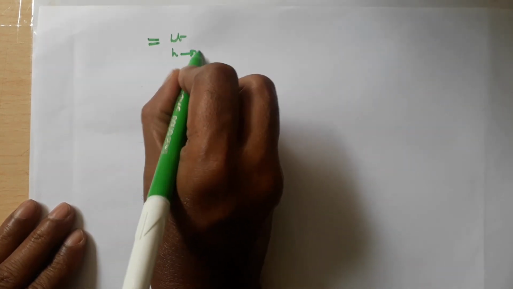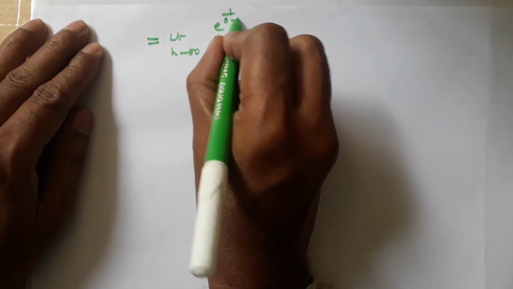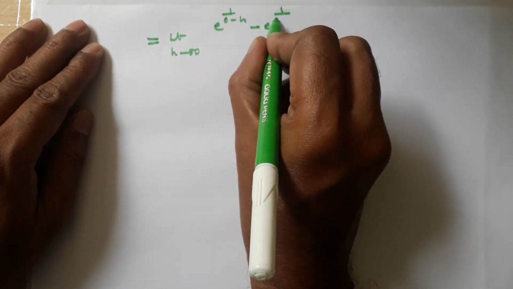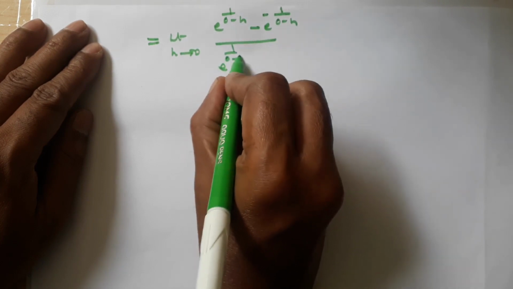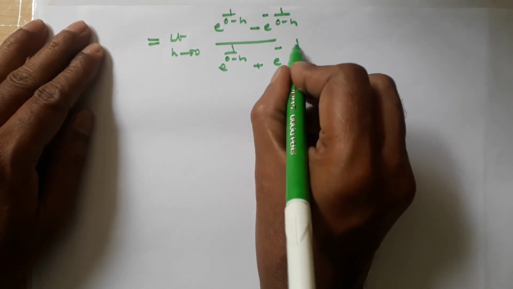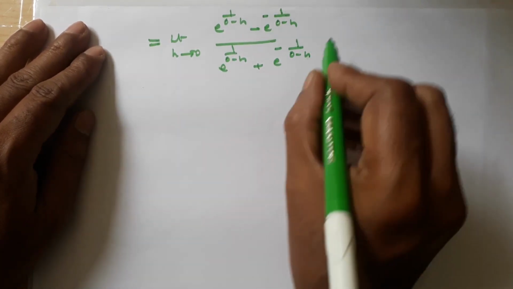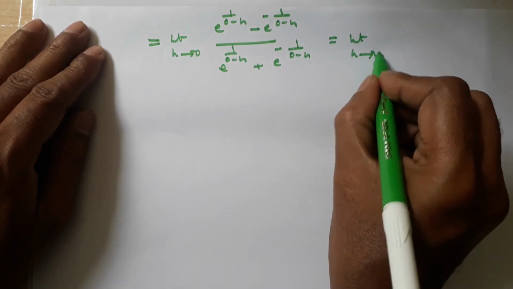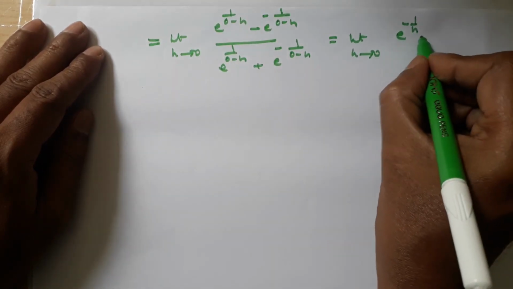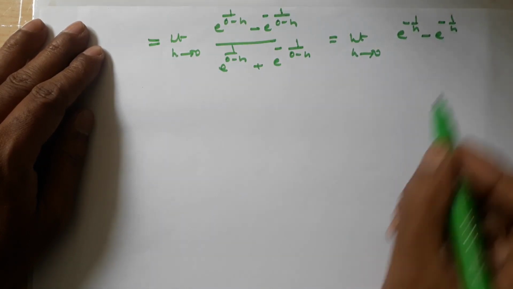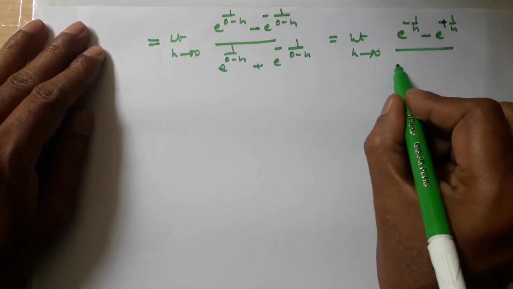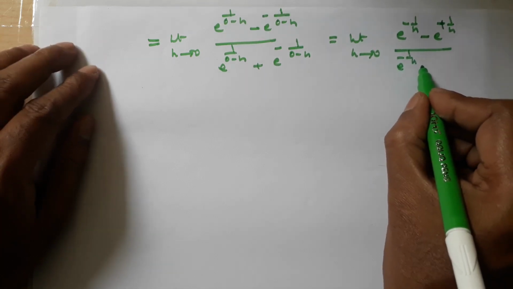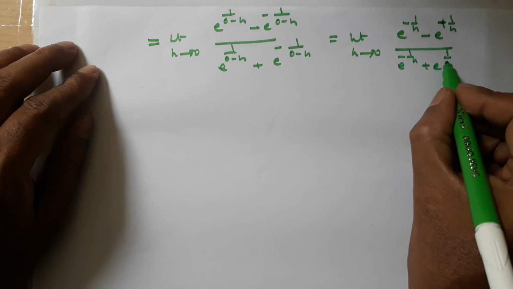That is equal to limit h tends to 0 of (e power 1 by 0 minus h minus e power minus 1 by 0 minus h) divided by (e power 1 by 0 minus h plus e power minus 1 by 0 minus h), which is equal to limit h tends to 0 of (e power minus 1 by h minus e power 1 by h) divided by (e power minus 1 by h plus e power 1 by h).